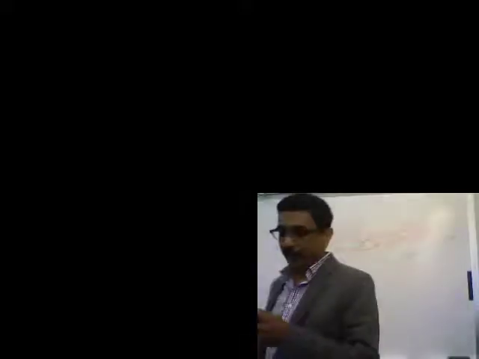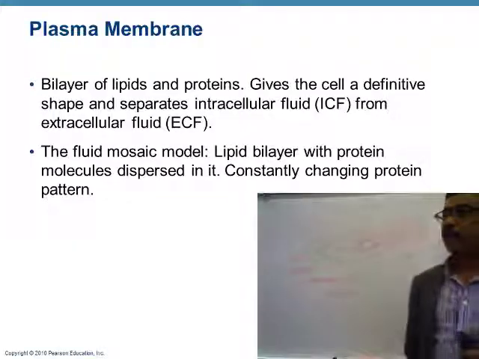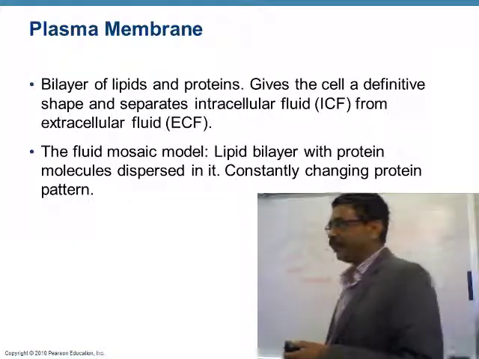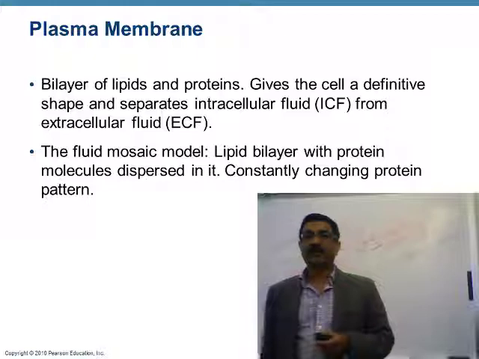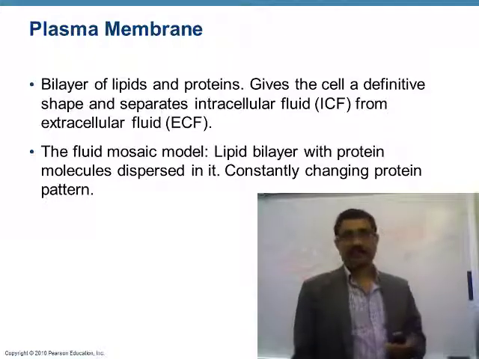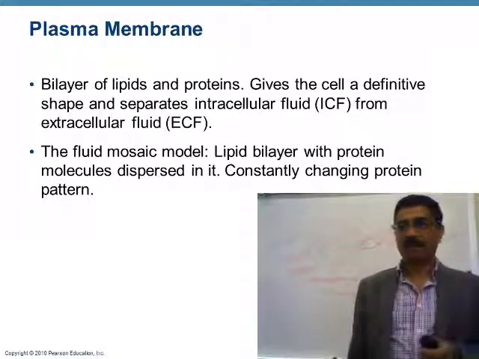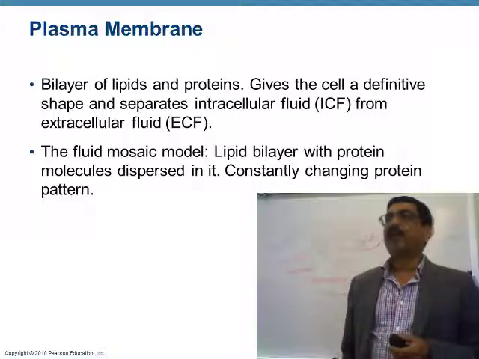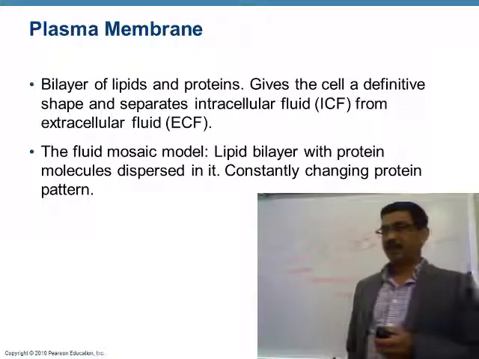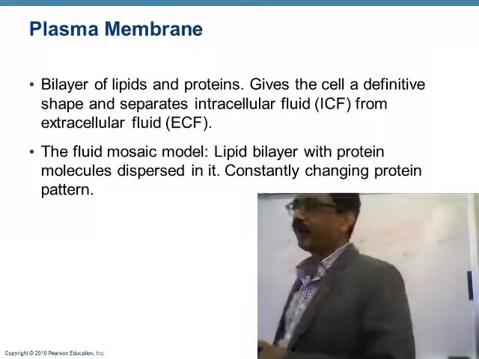We won't talk in detail because you have already learned about the cells in previous classes, definitely in intro bio and high school. Plasma membrane or cell membrane is a very important part of the cell because it gives the boundary of the cell. Why does the cell need a boundary?